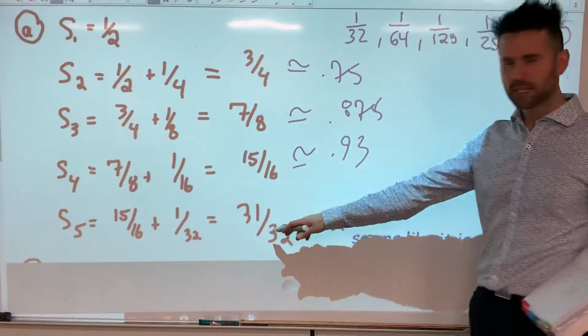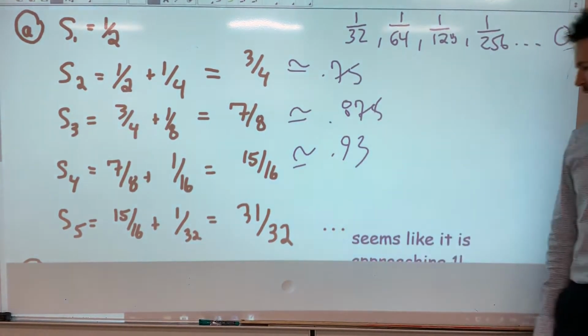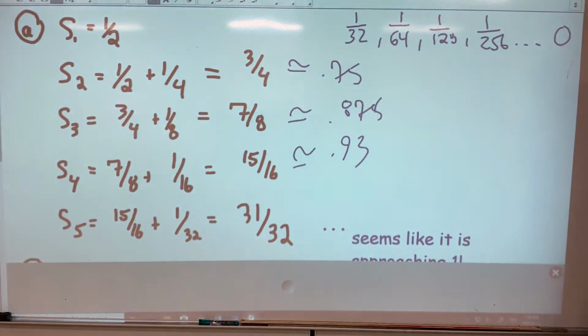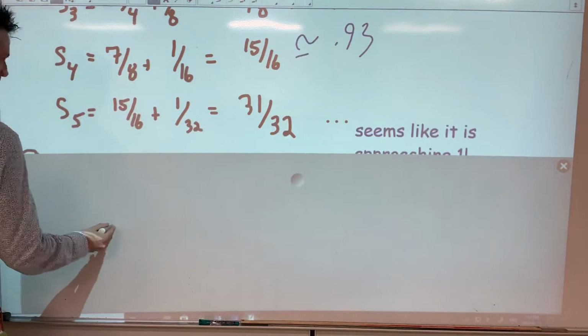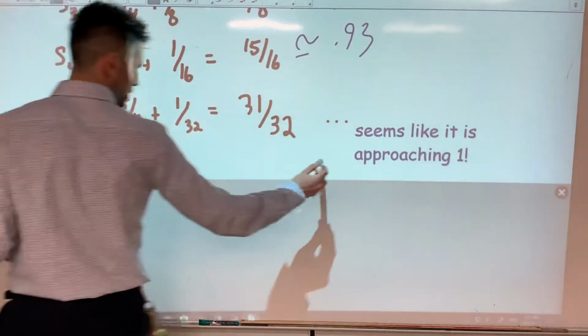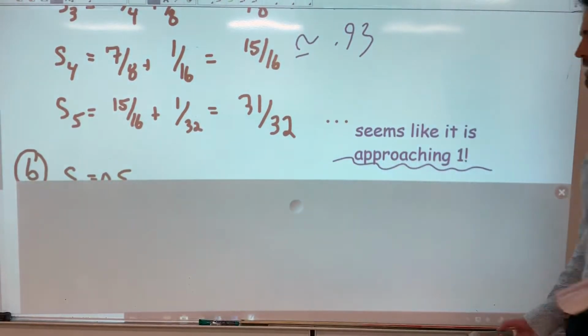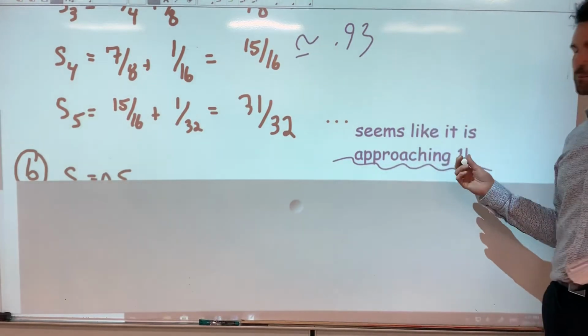And then this one is like 0.94 or 0.95, I don't know. So what does it seem like you're getting closer and closer to? Yeah, 1. And again, it's just a guess. We'll have a formula in a minute, but it seems like it's approaching 1. So you can kind of guess and say the infinite sum is probably close to 1.